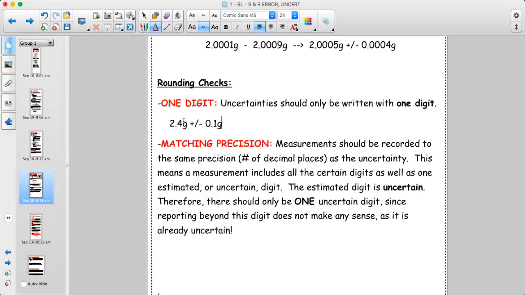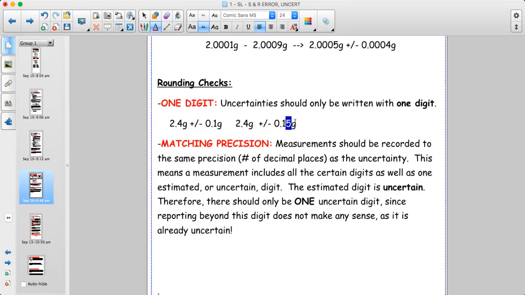If I'm uncertain about this value, and all I really know is that it's between 2.3 and 2.5 grams, then it would be kind of silly if I said it's 0.15 grams plus or minus. Because if I'm uncertain about the 10th place, then I'm ridiculously uncertain about the 100th place. So why should I even write that?